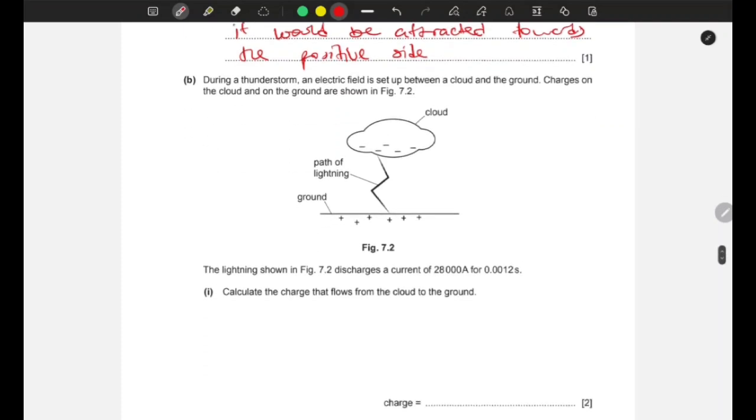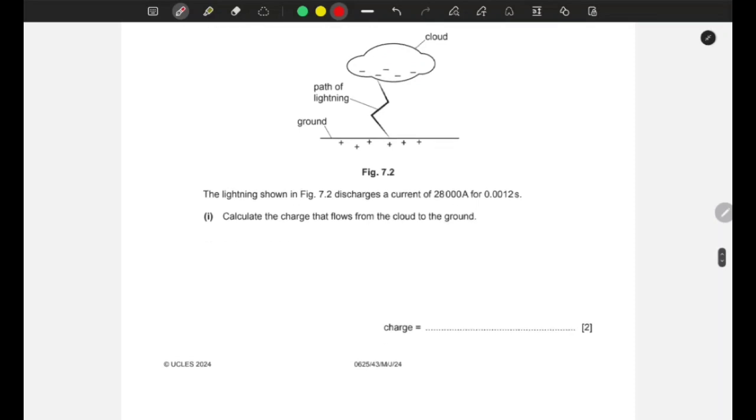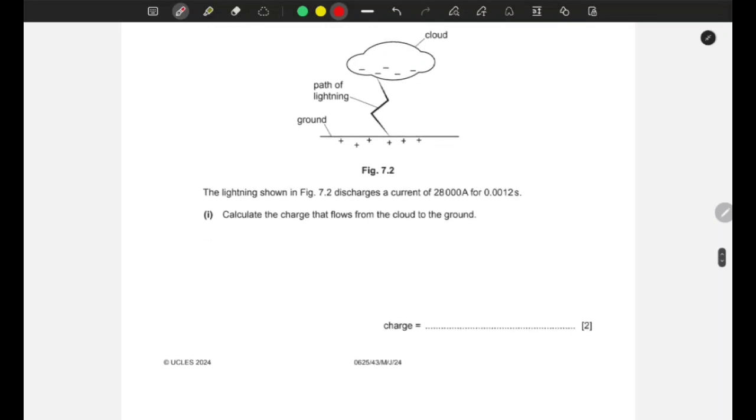During a thunderstorm, an electric field is set up between a cloud and the ground. The charges on the cloud and on the ground are shown. So on the cloud, negative charge. On the ground, it's positive charge. The lightning shown in figure 7.2 discharges a current of 28,000 amps for 0.012 seconds. Calculate the charge that flows from the cloud to the ground.